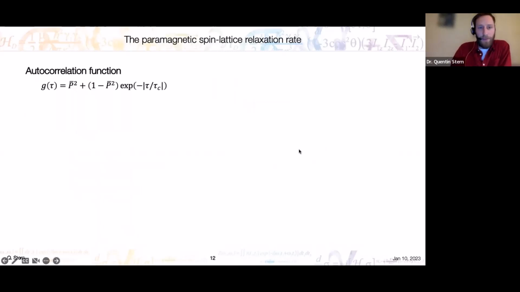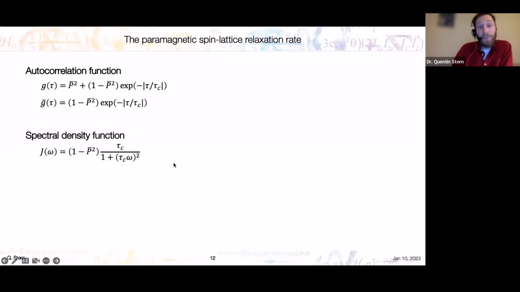Now, with our autocorrelation function, we're first going to make a little shift. We remove this term here because it's not decaying and it's not causing relaxation. And when we take the Fourier transform of it, this is where we obtain our spectral density function, which tells us the probability to find the electron oscillating at a frequency omega.